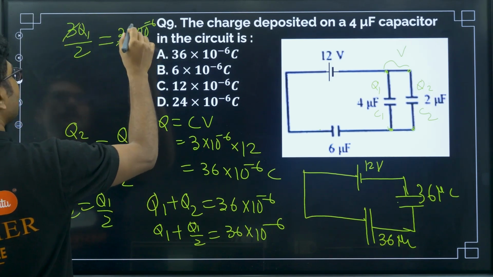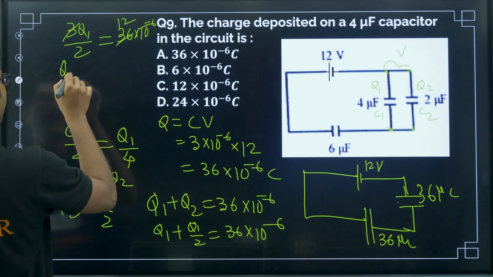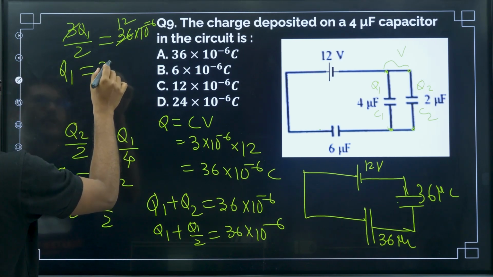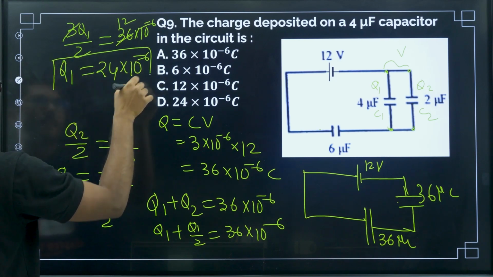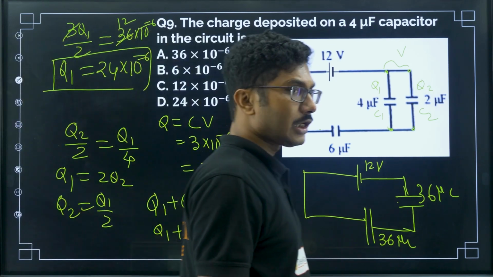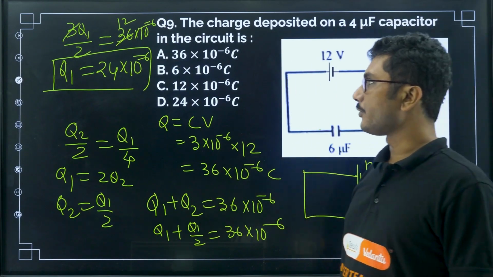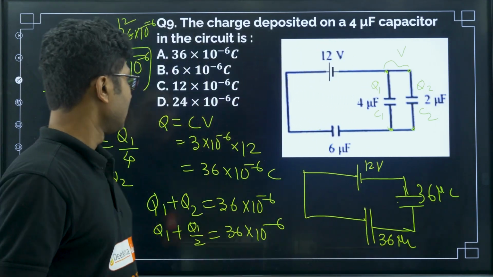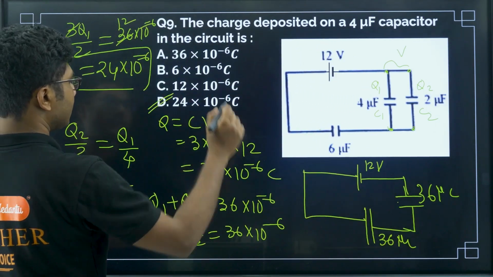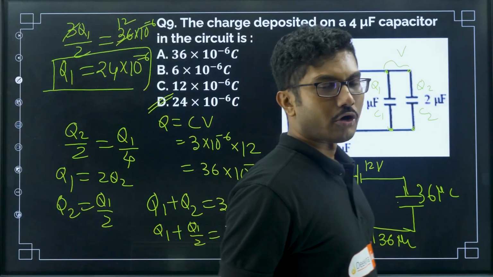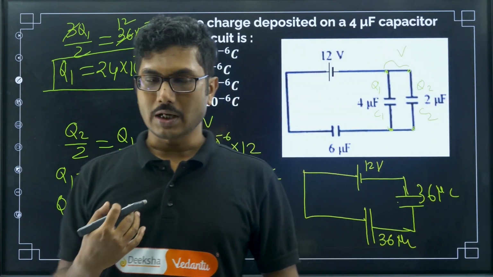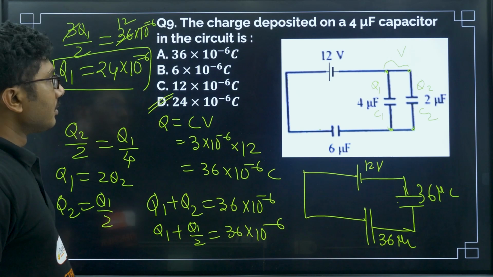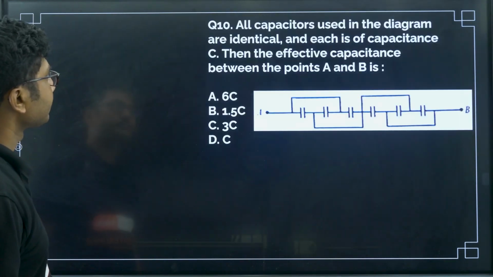So it will be 12, or Q1 equals 24 times 10 to the power of minus 6. Okay, Q1 is 24 times 10 to the power of minus 6. So you can answer this. This is a little tricky question, not exactly straightforward, but if you solve it step by step, you can answer this question. Now next question.